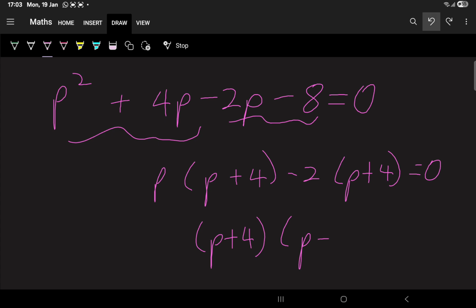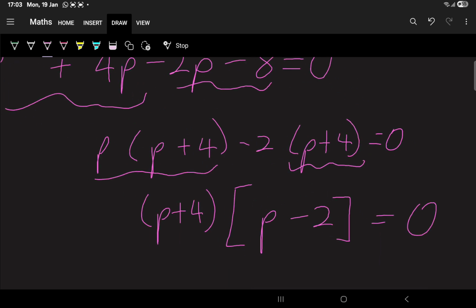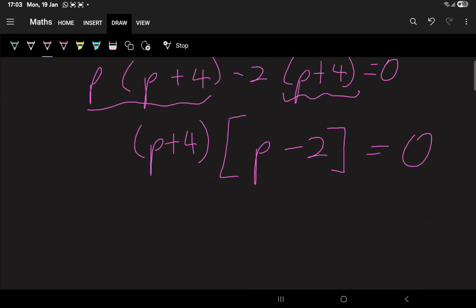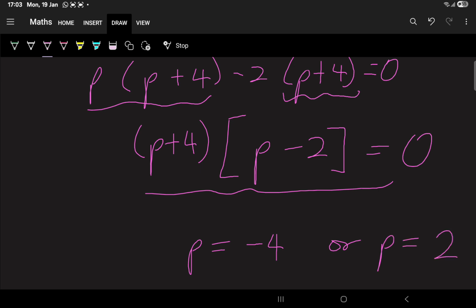Let me slow down a bit. So factorizing p plus 4 on this side, I have p. Factorizing p plus 4 on this side, I have negative 2. And this is all equal to 0. Solving this, I have p equals negative 4, or p equals 2.